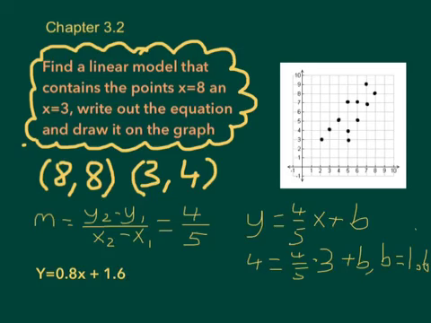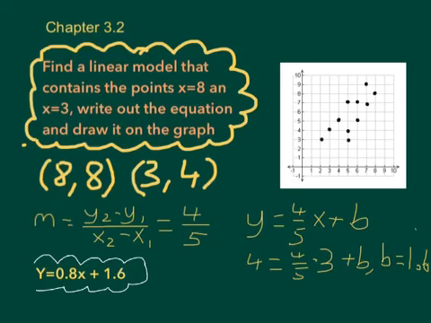Okay, 0.8 is just the same as 4 over 5. It's just in decimal form, and then we said b is 1.6. So this is our linear model.